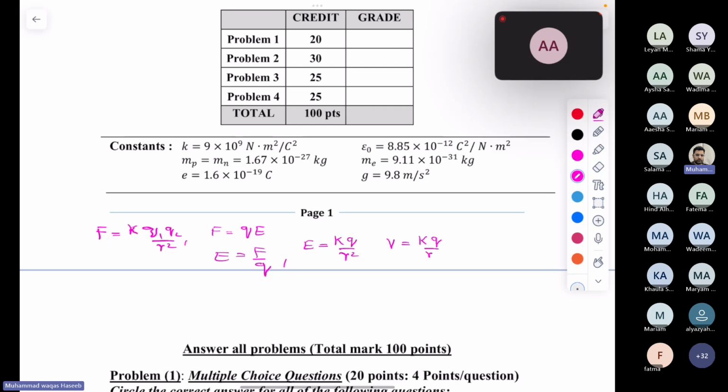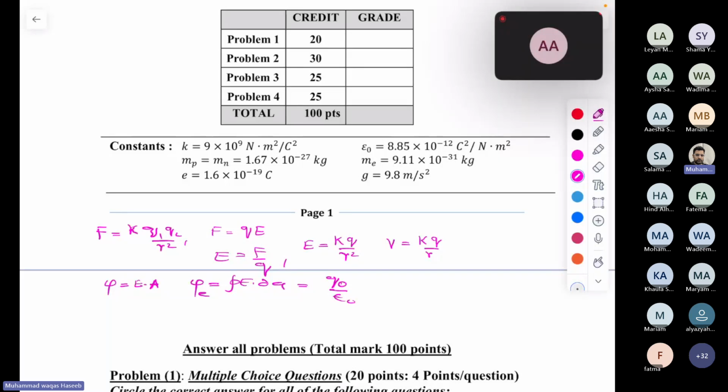And then you learned the electric flux, which is nothing but E dot A, or you can write flux in terms of the integral of E dot dA over a closed surface. And this is the Gauss law: the electric flux is the charge enclosed divided by epsilon naught.